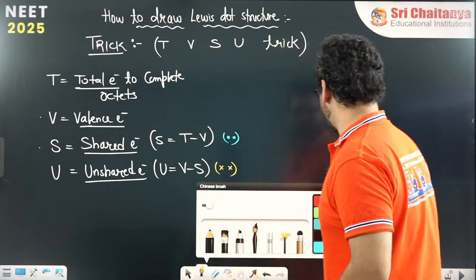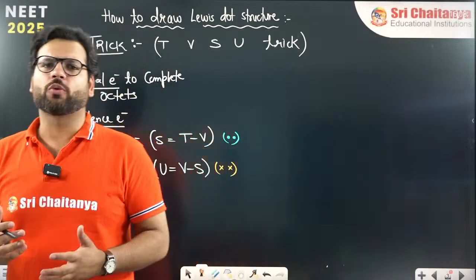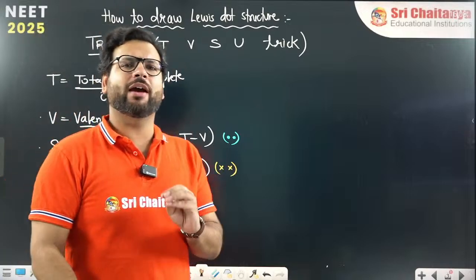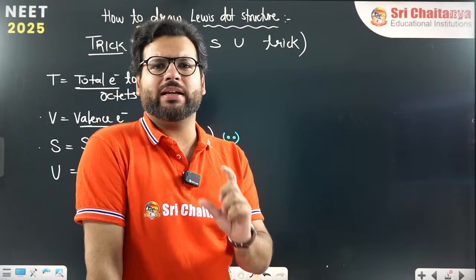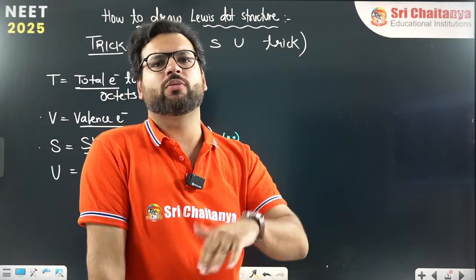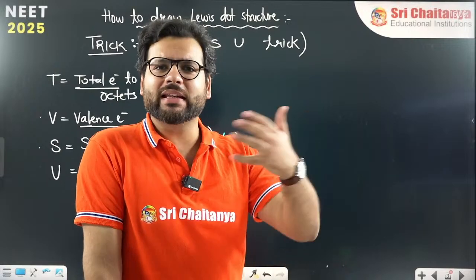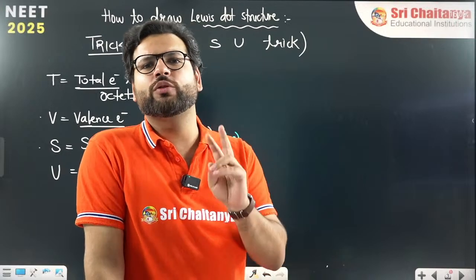TVSU. First remember this. Now what is T? T means total electrons required to complete all octets. So in every molecule, each atom tries to have 8 electrons around it. If it is a hydrogen atom, it tries to have 2 electrons around it.